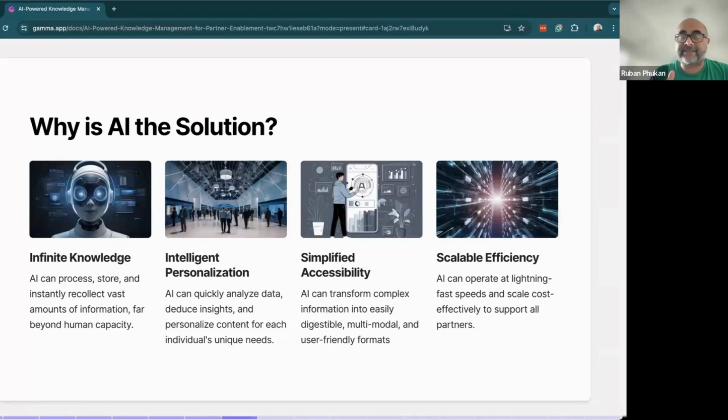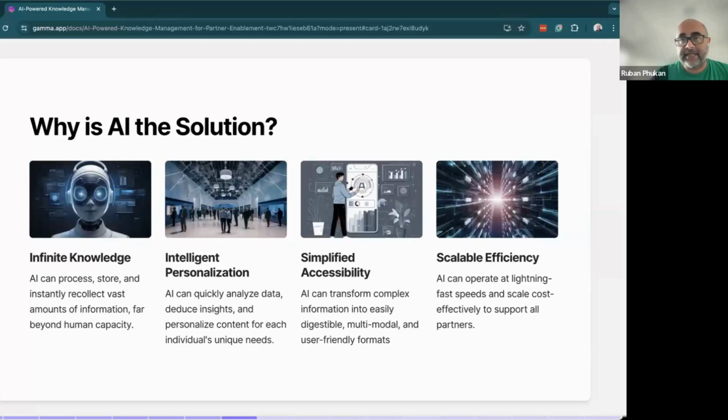If it has access to the right content, and to the past history of support tickets that have been raised or discussion forums that have happened, it can process and store all that information, and it's only limited by the infrastructure. In a lot of ways, it can process knowledge even beyond human capacity. It can consume, store and retrieve information much faster than an individual can.